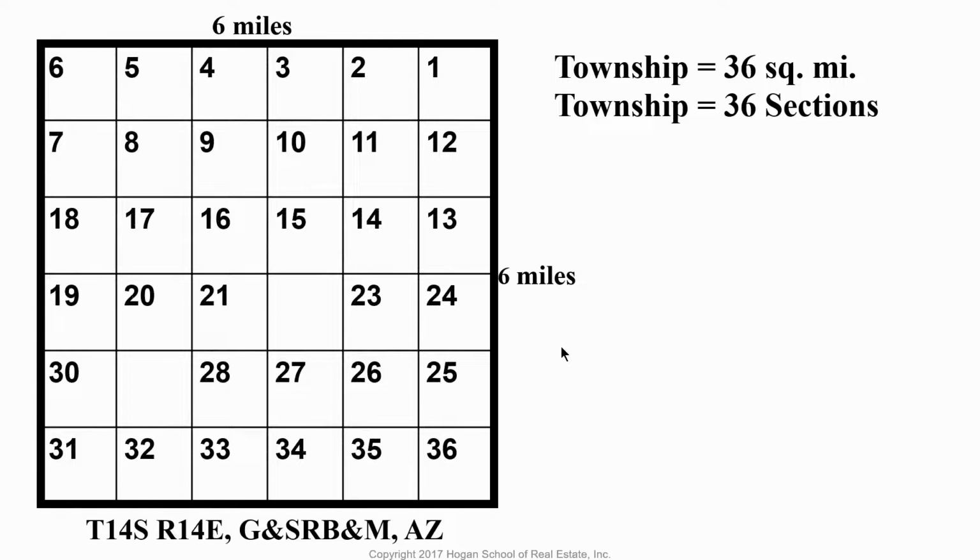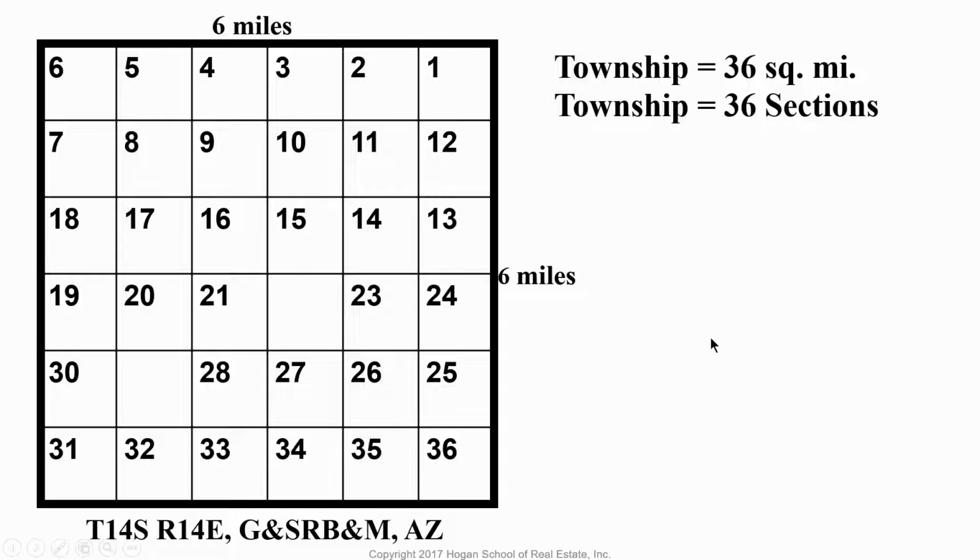And the sections are numbered in this fashion, starting with the section up in the upper right-hand corner. We number them 1, 2, 3, 4, 5, 6, drop down to 7, back across to 8 and 12, back down to 13, etc., and you wind up with 1 in the upper right-hand corner, 6 in the upper left-hand corner, 31 in the bottom left-hand corner, and 36 in the bottom right-hand corner.